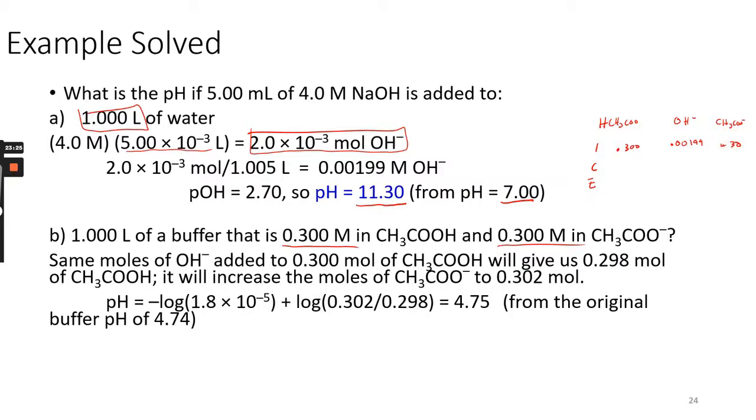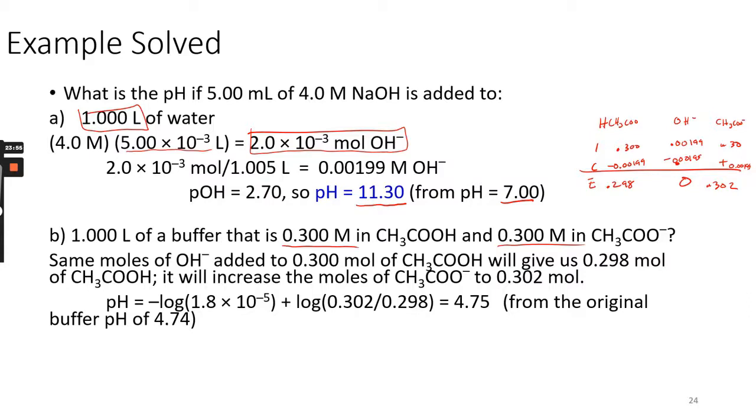As the reaction proceeds, we're going to use all of this up and add it over here. So when you sum all this up, you're going to end up with 0.298 over here, 0 here, and 0.302 here.